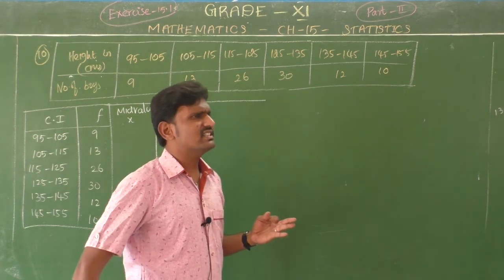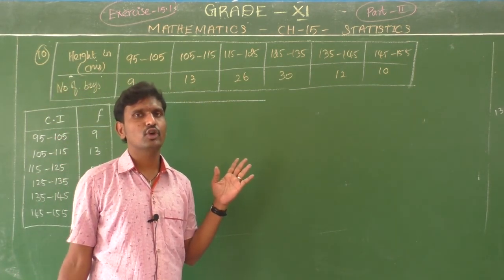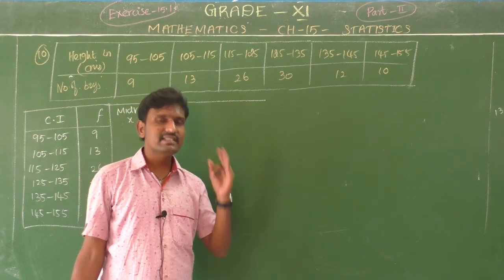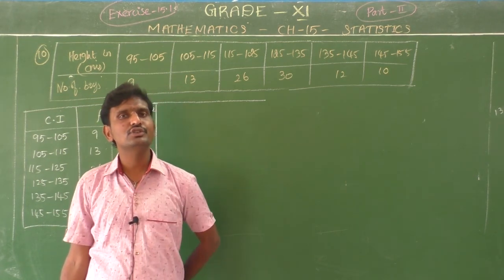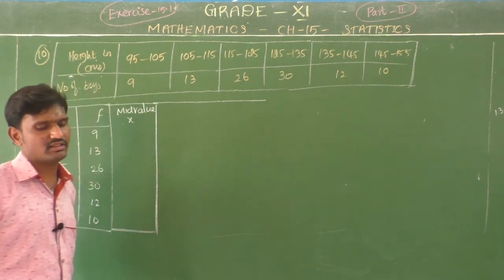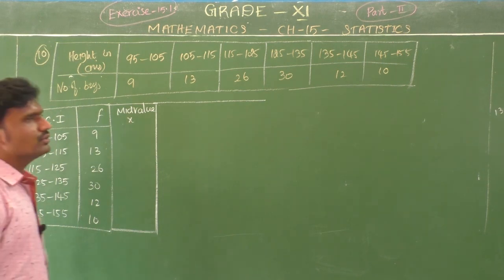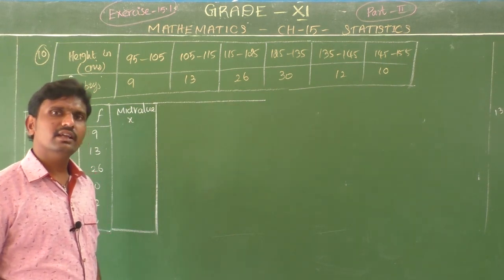Okay, so direct method is only possible for the previous pattern sums, discrete type only, but this is a continuous type, so you should take assumed mean method or step deviation method. Okay, so which one am I going to take? Tell me. Step deviation method.